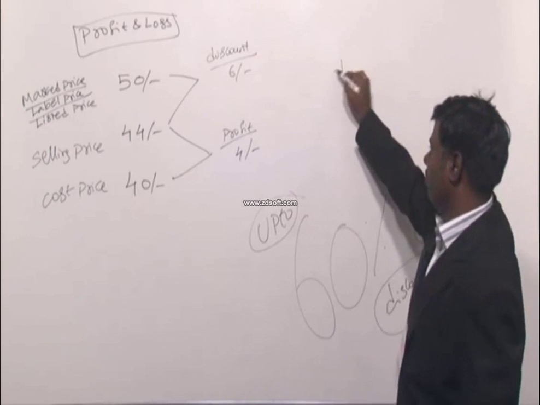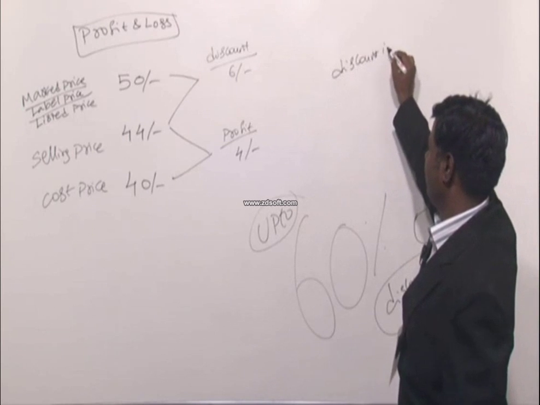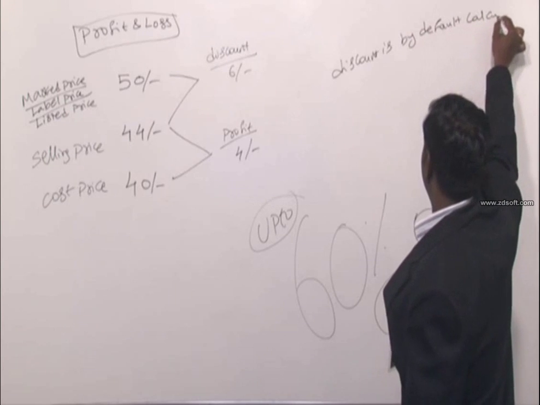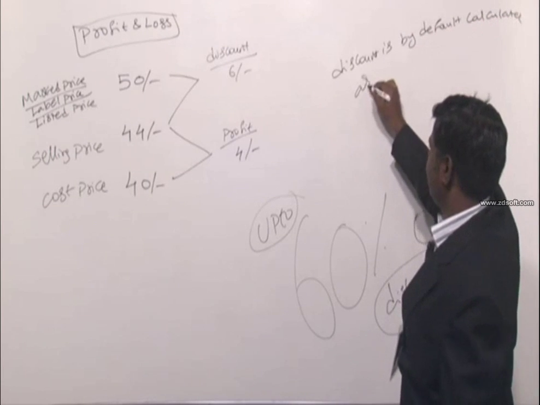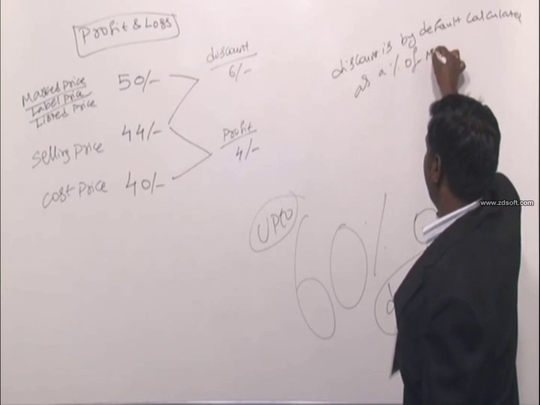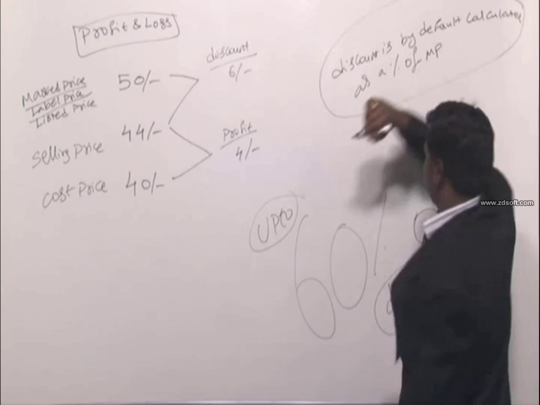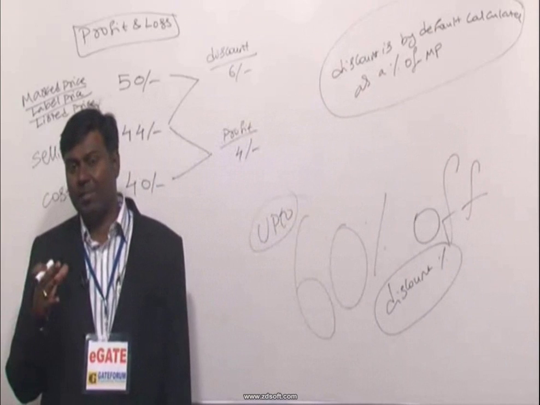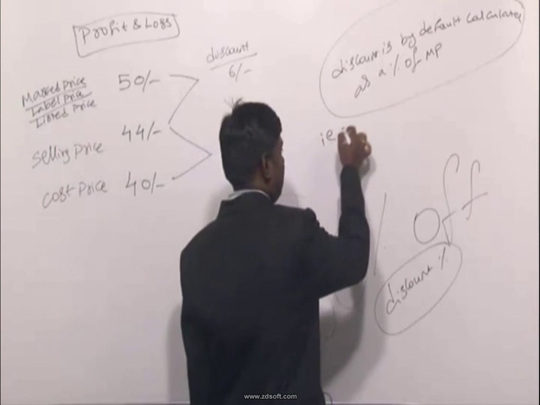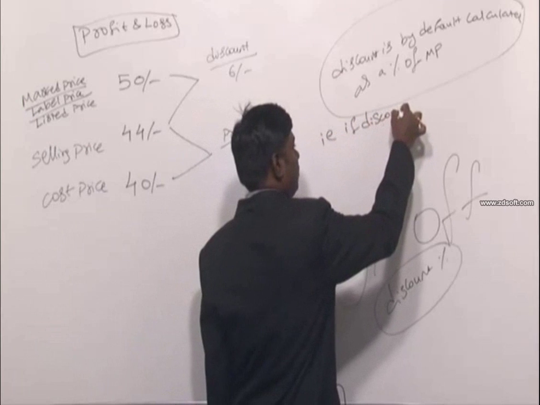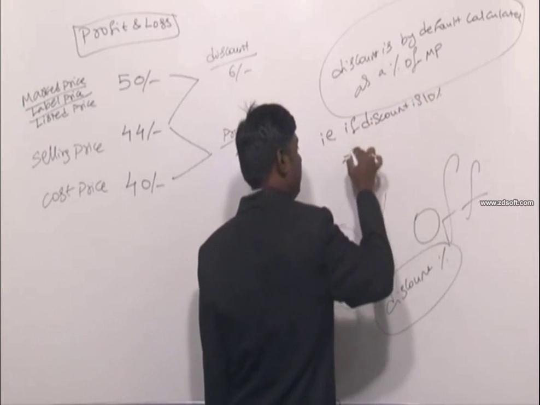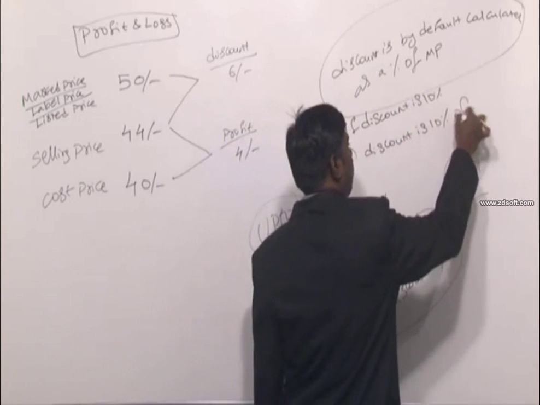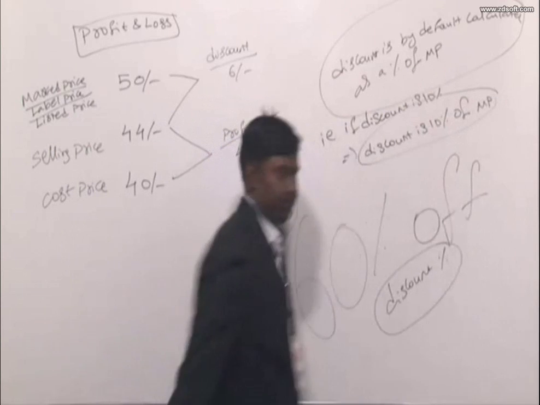Discount is by default calculated as a percentage of market price. That is by default. Otherwise it will be clearly mentioned. So when you say discount is 10%, it implies discount is 10% of market price. This is what you have to understand.